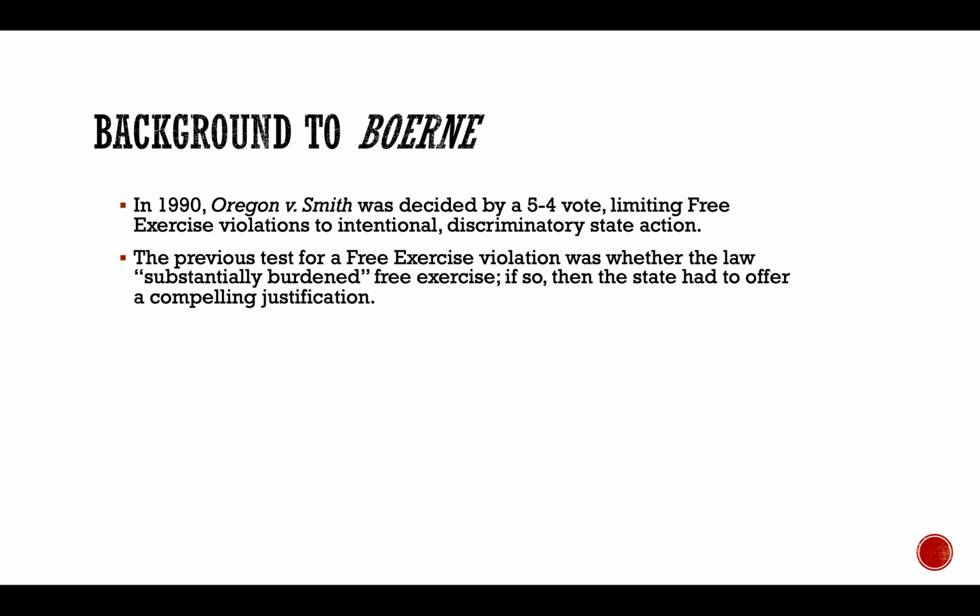So to put this in more concrete or more recent terms, think of the private baker or florist that doesn't want to bake a cake or make a flower arrangement for a same-sex wedding ceremony. Right?